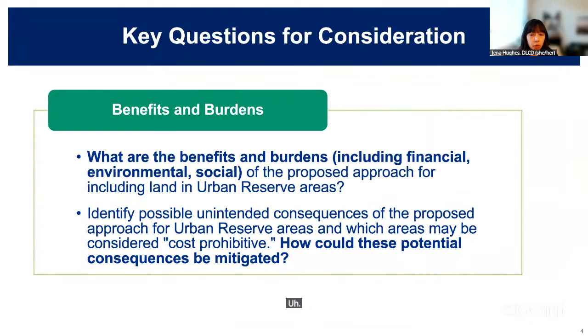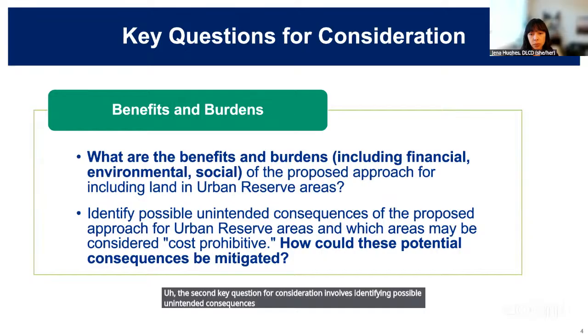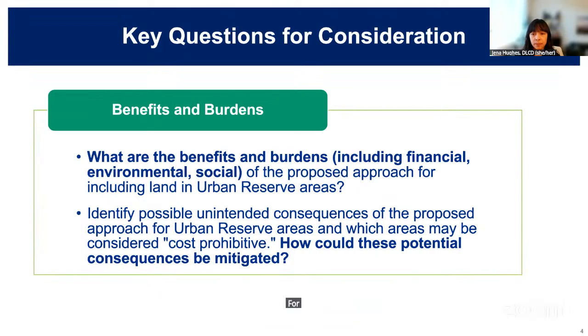The second key question involves identifying possible unintended consequences of the proposed approach for urban reserve areas and which areas may be considered cost prohibitive. How could these potential consequences be mitigated?